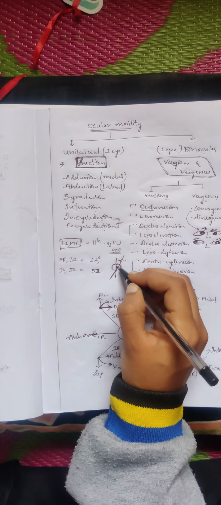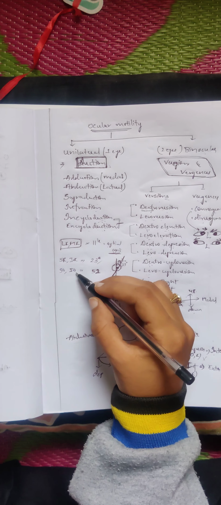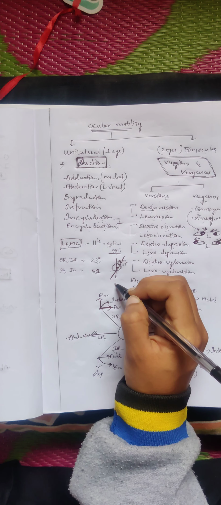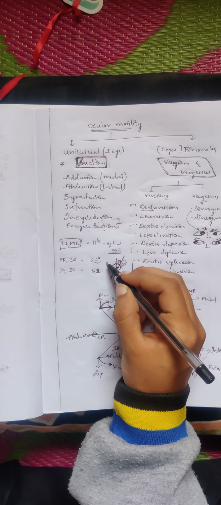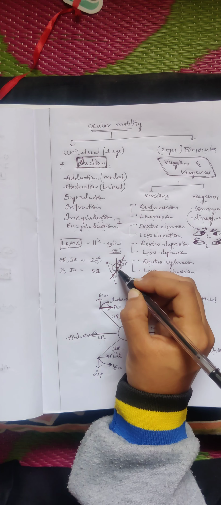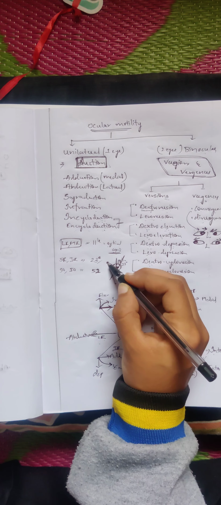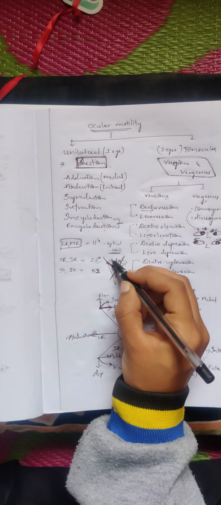So it is making an angle of 23 degrees. And if you look at the superior oblique, it comes this way from the optic foramen. It goes like this, and here it crosses the pulley, that is the trochlea, and then gets inserted this way. So it is making an angle of 51 degrees.